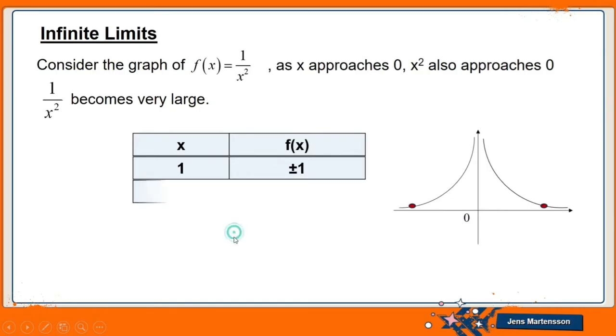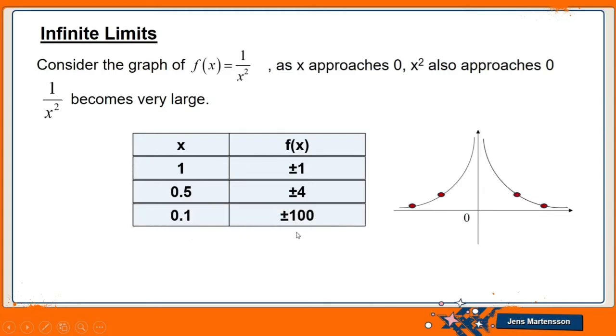When x equals 0.5, f(x) equals 4. In the graph we can see 4. At 0.1, f(x) equals 100. When x equals 0.01, f(x) equals 10,000.